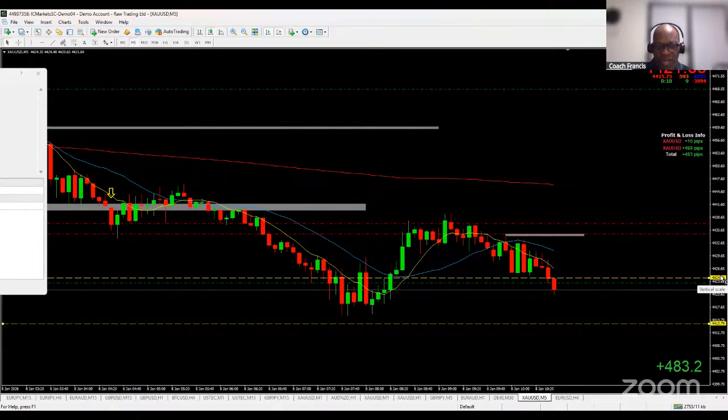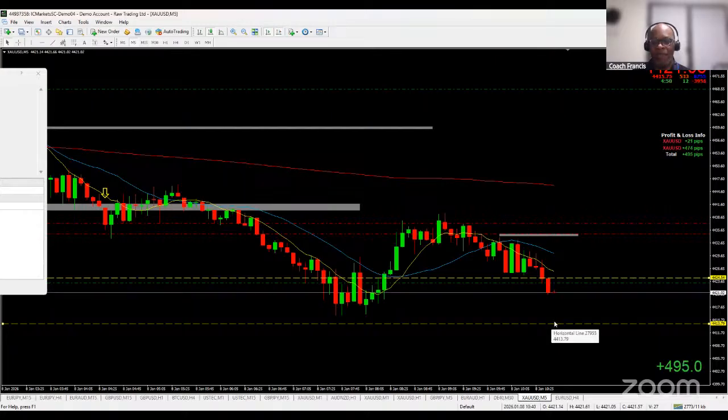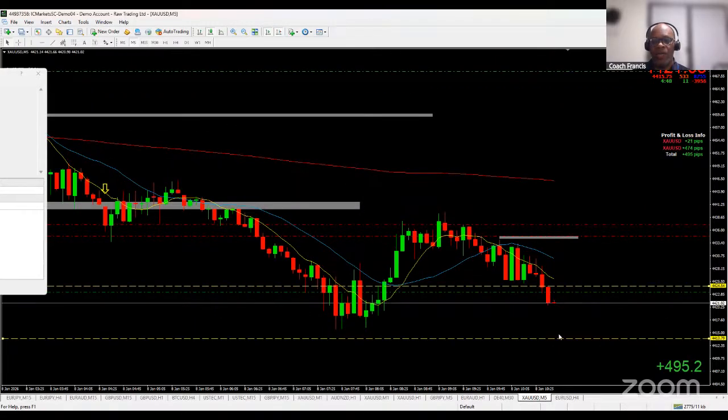You have to be patient, guys. With my strategy, like any other strategy, it either hits take profit or hits the stop loss. Because my strategy has a very high win rate, I do expect the price to get here. I expect us to win this trade, and over 75% of our trades do get to TP1. This is not TP1.